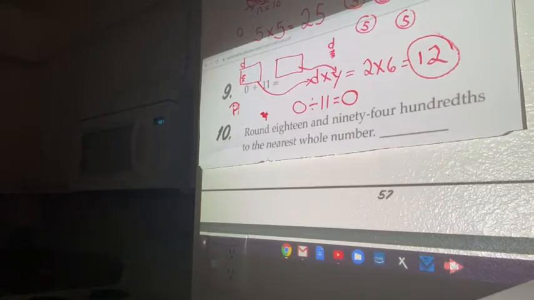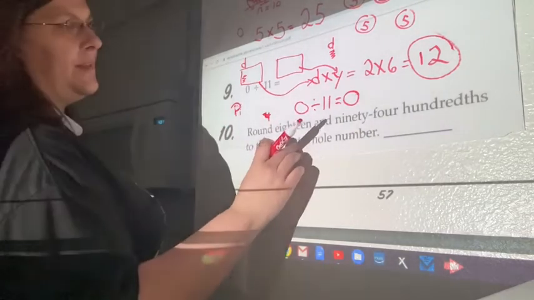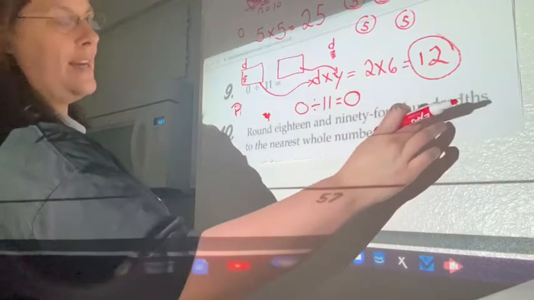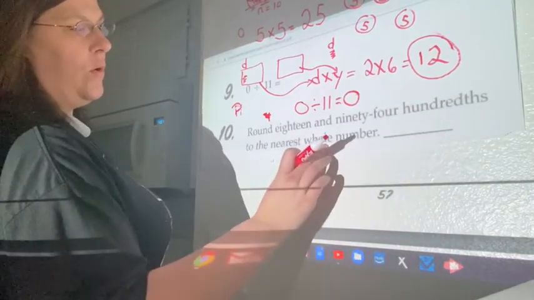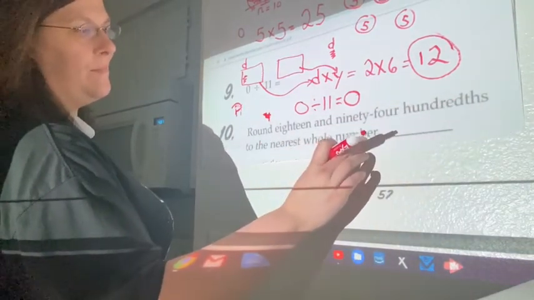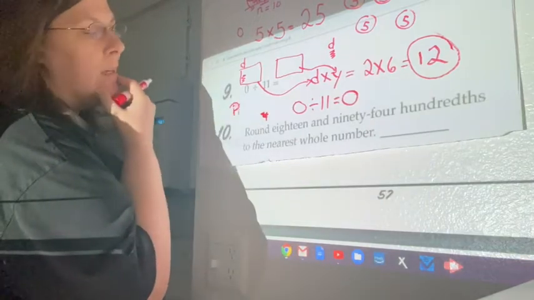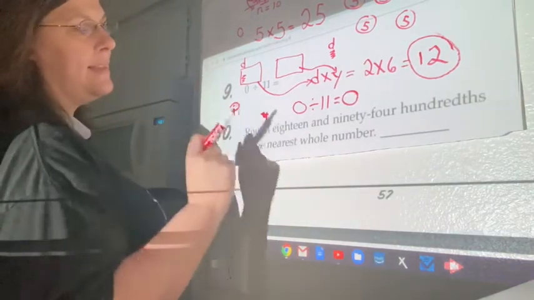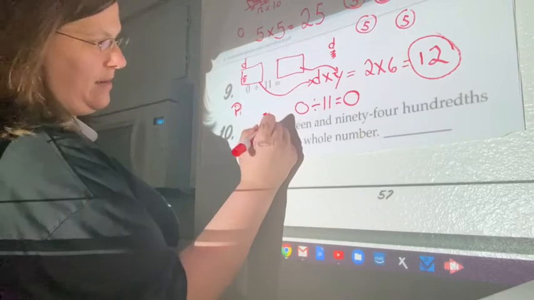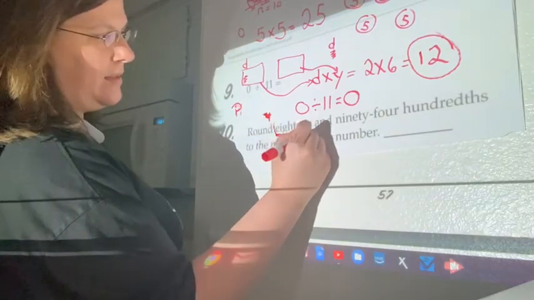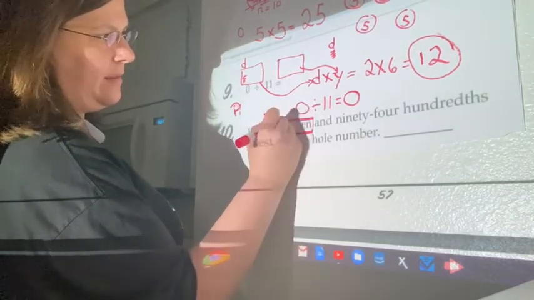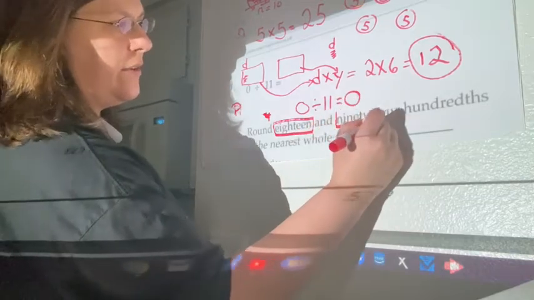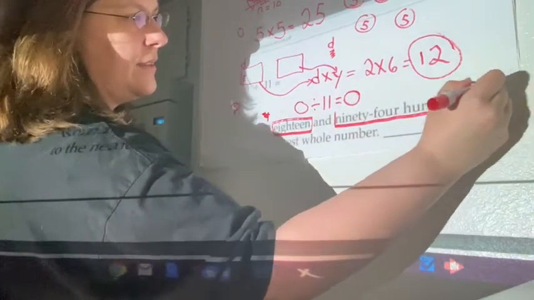Now, this last one. Okay. Round 18 and 94 hundredths to the nearest whole number. Okay, here we go. Round 18. So let's go ahead and we're going to box the numbers. 18 and 94 hundredths.